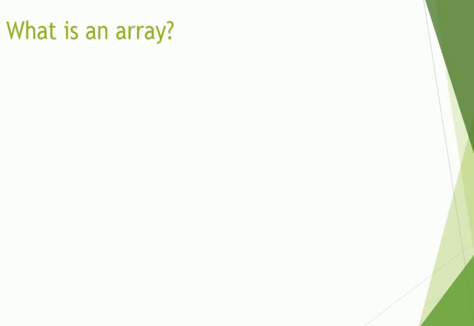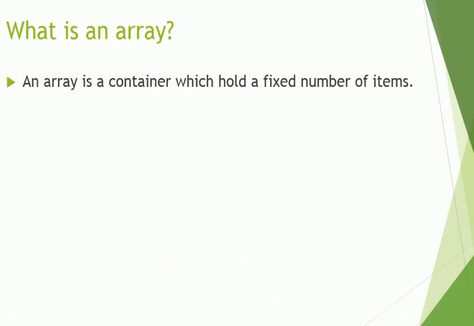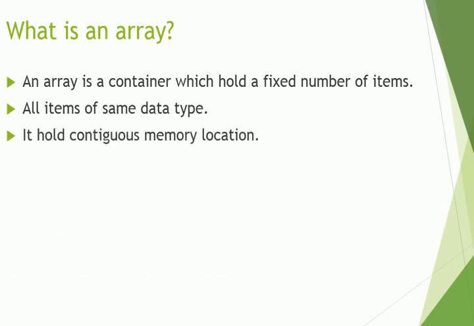So what is an array? Simply, an array is a collection of same data type values held in sequence that always occupy memory in a contiguous format.